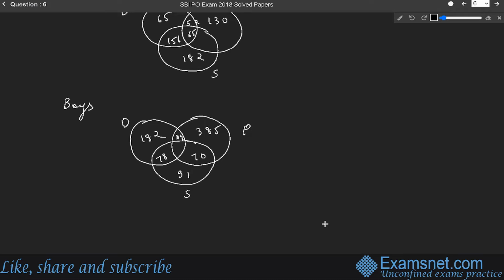So you can see that number of boys in both singing and dancing is equal to 156 upon 2, which is 78. And number of boys in only painting is equal to 385. So we can say that the total number of boys enrolled in dancing is equal to 385 plus 78, which will be equal to 434.